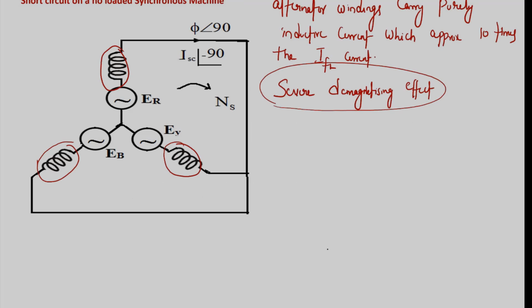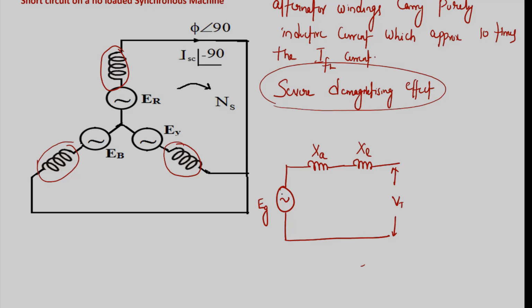That's why we model the alternator as an EMF. So one reactance, this is called XA, armature reactance. The other reactance is XL, leakage reactance, and this is the terminal voltage. This is the induced voltage, and this is the terminal voltage where the current flowing is armature current, IA.